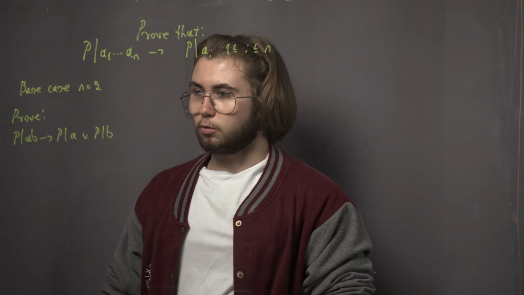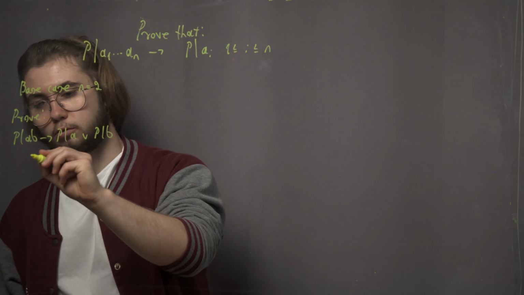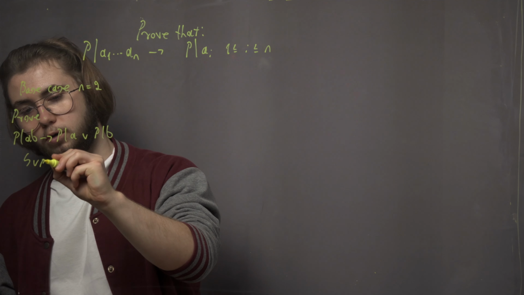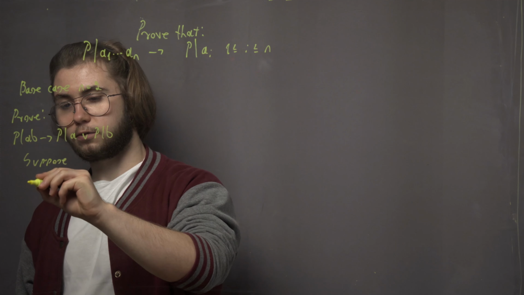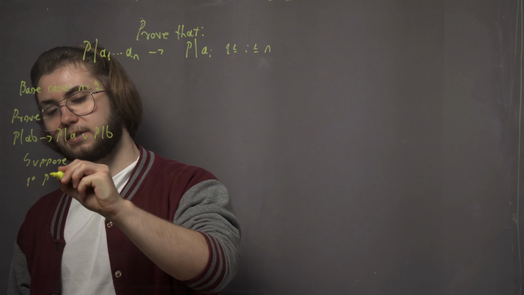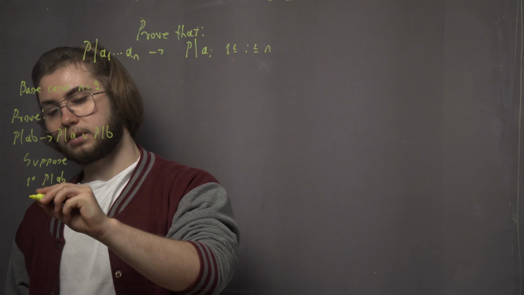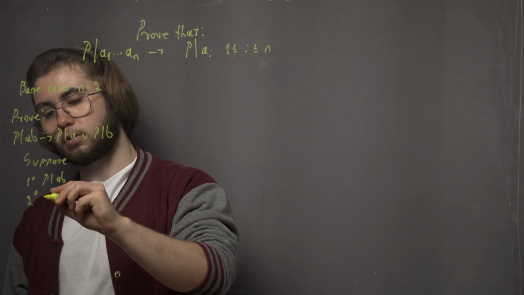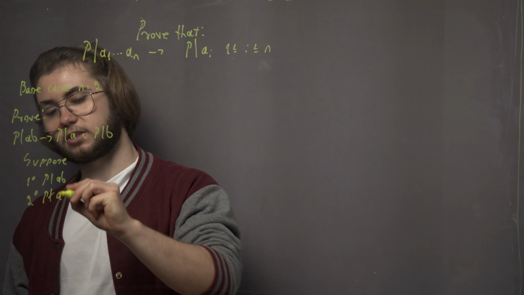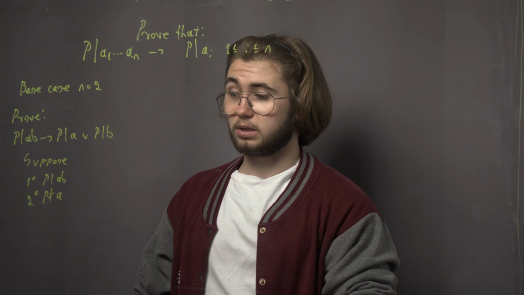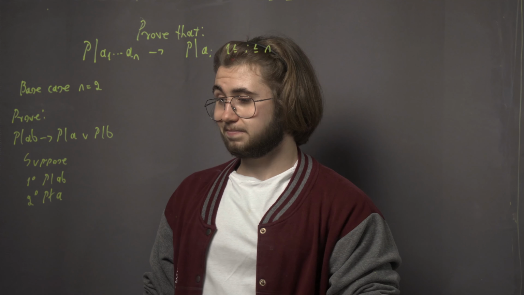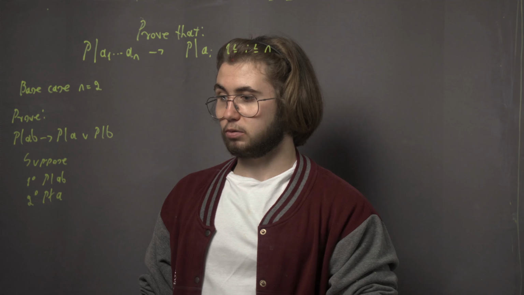Lovely. So, first of all, I would like to suppose two things. Suppose, first of all, that p divides a times b, and second of all, I would like to suppose that p does not divide, let's say, a. So, given those two, we would like to prove that p has to divide b. Lovely.